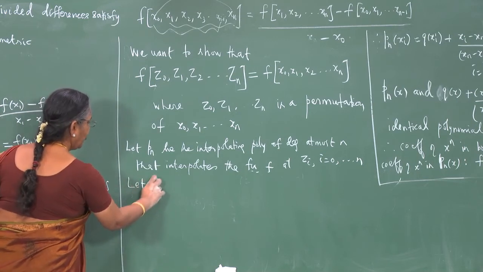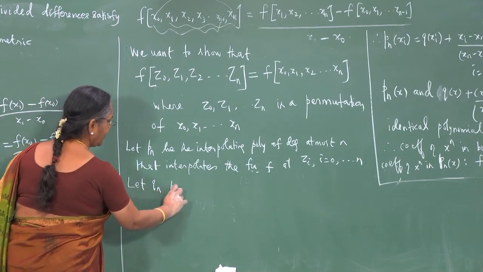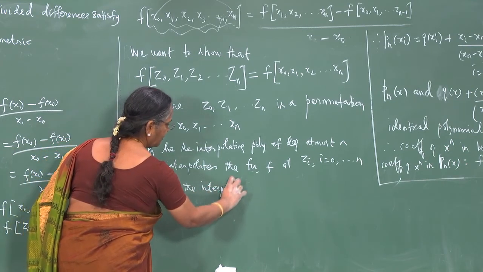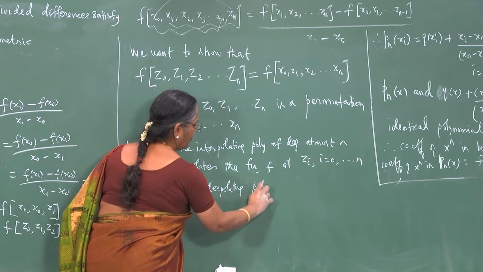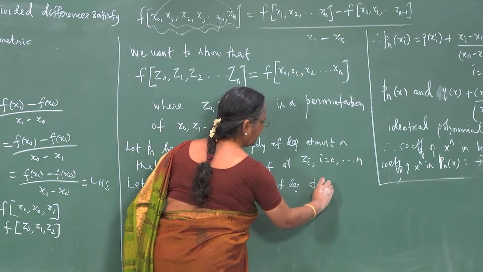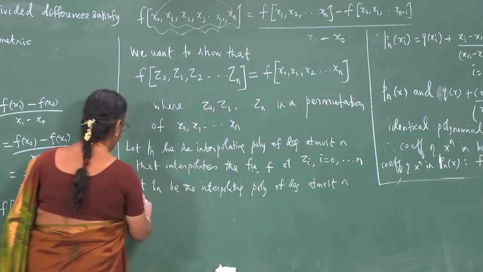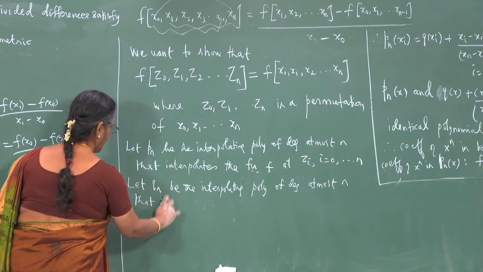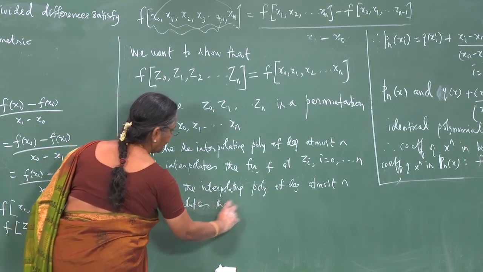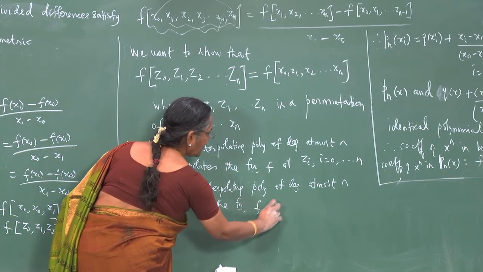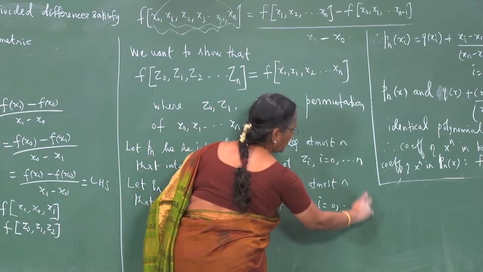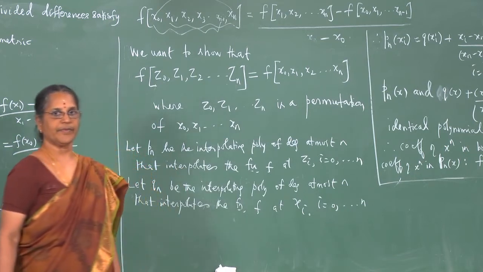And let me denote by Qn the interpolating polynomial of degree at most n that interpolates the function f at xi, i equal to 0, 1, 2, 3, etc., xn.